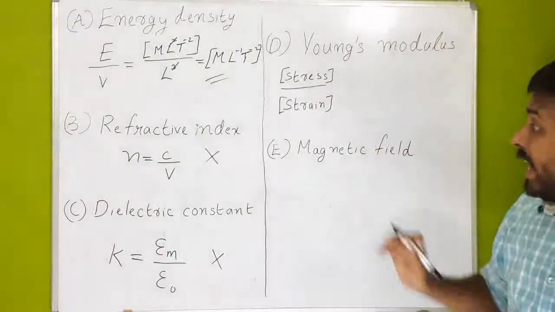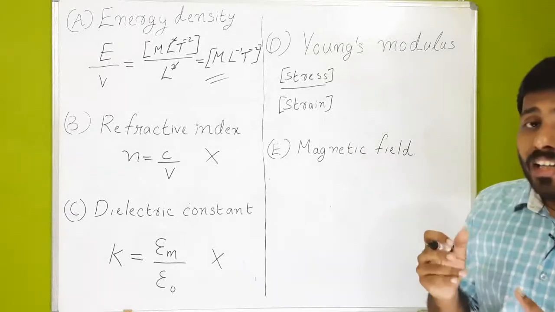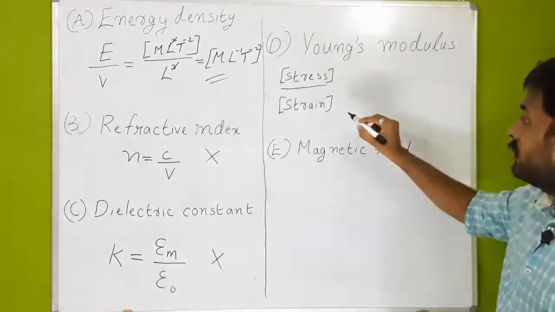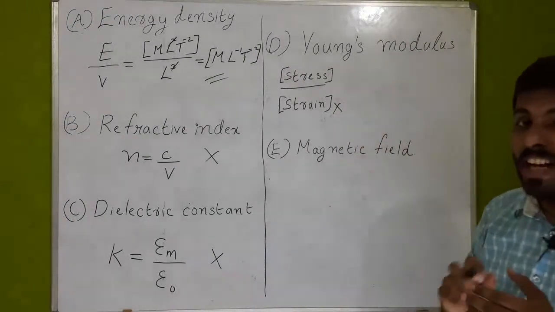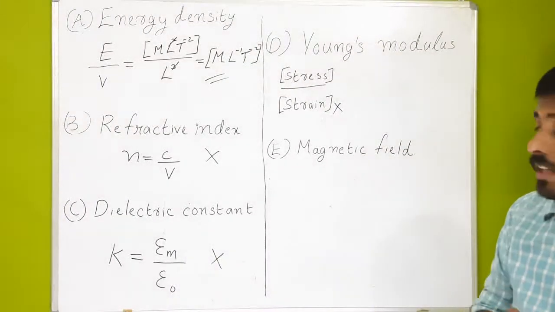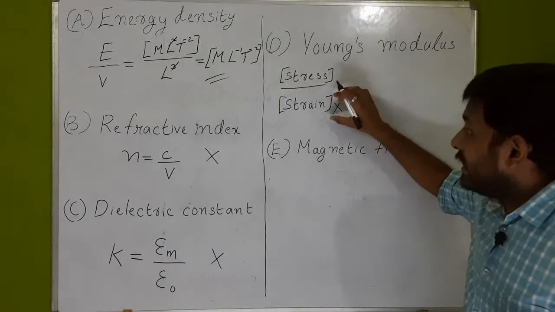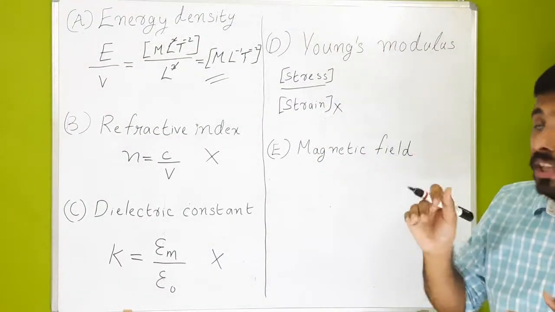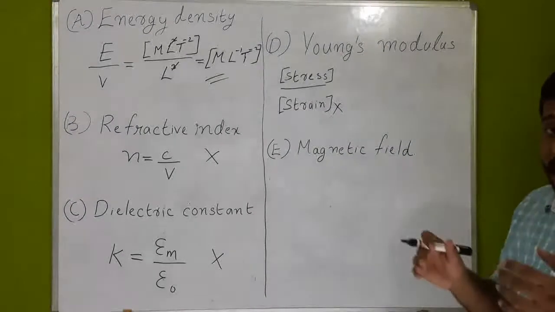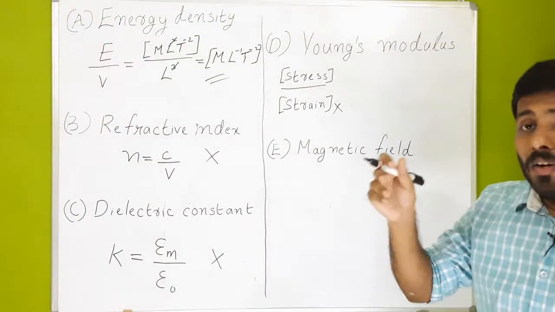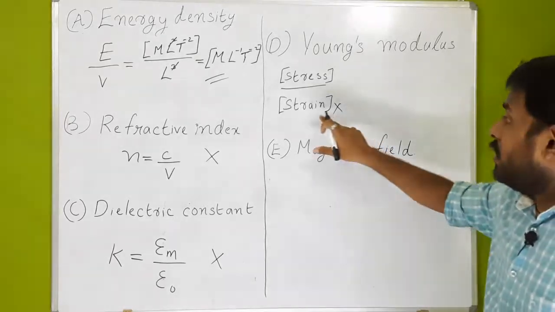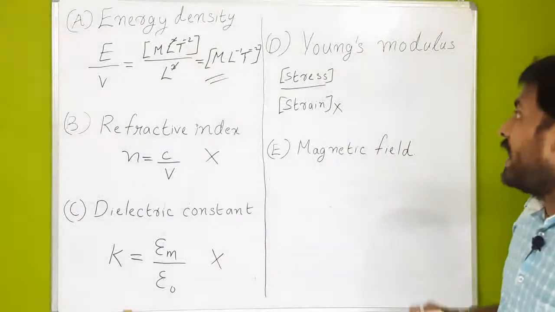And the strain is a quantity which gives the change in dimension by original dimension. So the strain is also a dimensionless quantity. Why? Because the strain is equal to change in dimension by original dimension of the length. It may be change in length by original length, or change in volume by original volume, so the strain is not having any dimension.